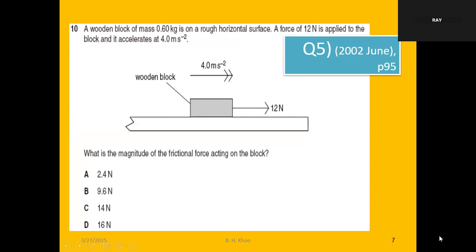Okay, how about this one? Yep, can. You have slightly less than 2 minutes to do one question.